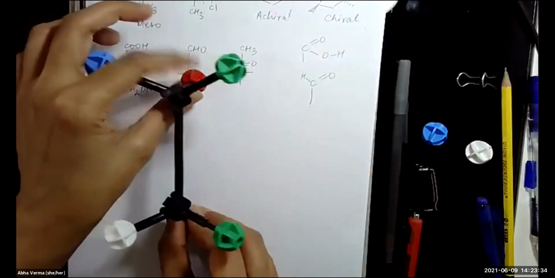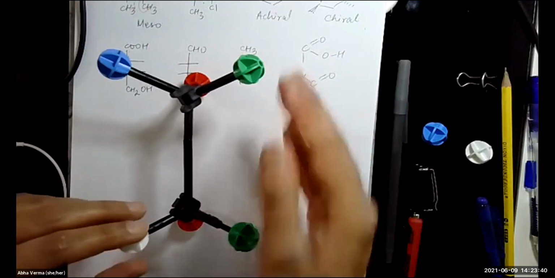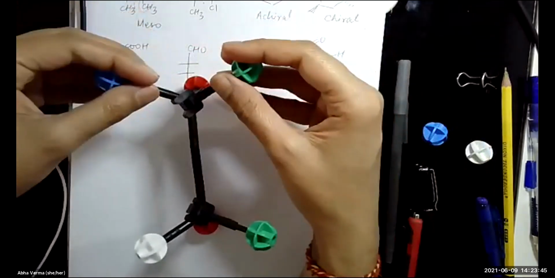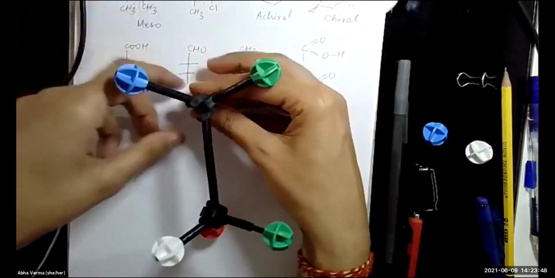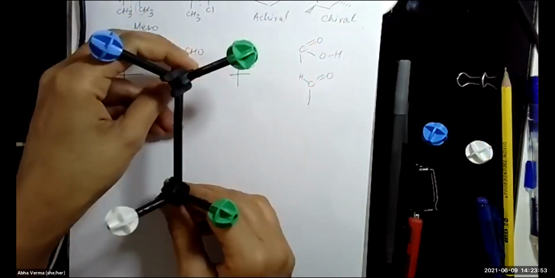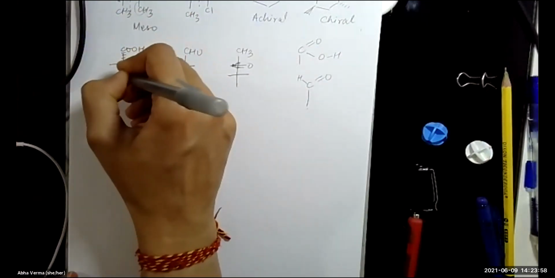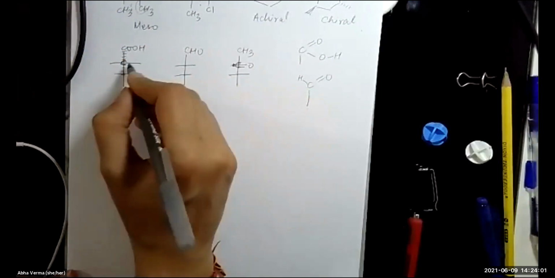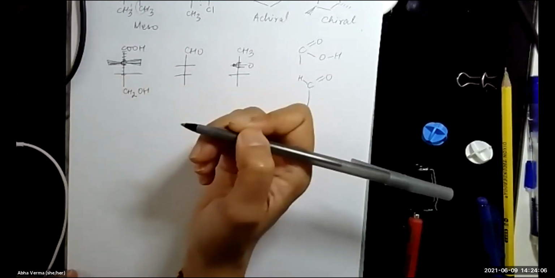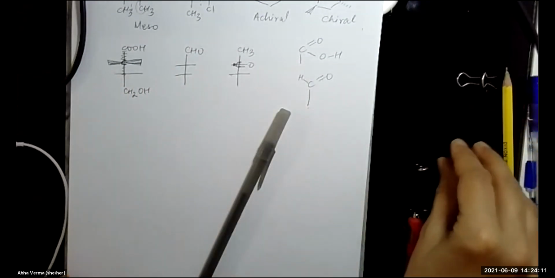I'm placing them like this. You can also think about Fischer projections as a friend. This is a friend who's coming out to you to hug you. So both the hands or both the side arms are coming out, while the backbone, this spine, is going at the back. So when you're looking at R and S configurations for this particular carbon, remember both of these side arms are coming out, while the top and the bottom part is going at the back.